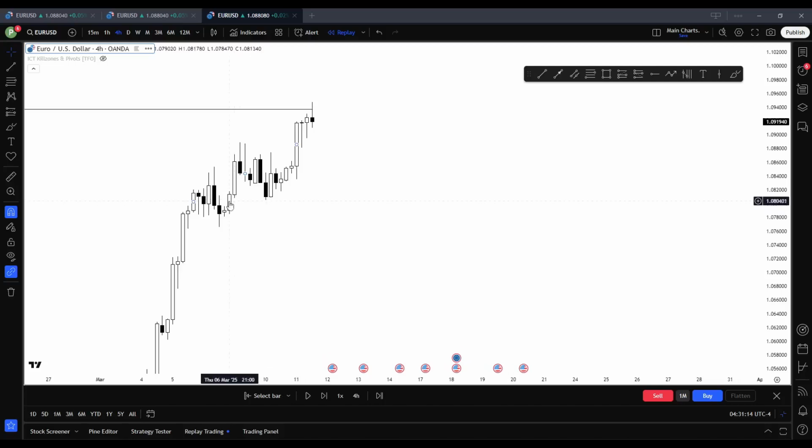Because we already had this fair value gap which was tested on Monday. We had this internal range liquidity in the form of this FVG which was also tested and filled, and along with that we had this SMT divergence with GU, right?